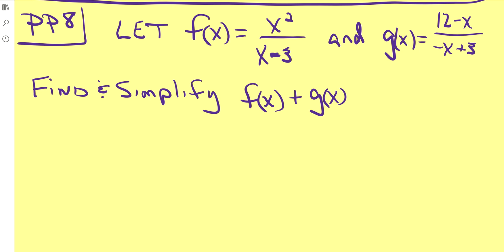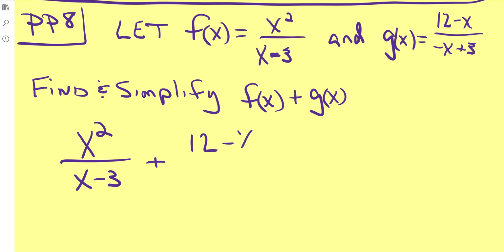All right, so that's just a matter of writing out f of x, which is x squared over x minus 3, plus g of x, which is 12 minus x over negative x plus 3.